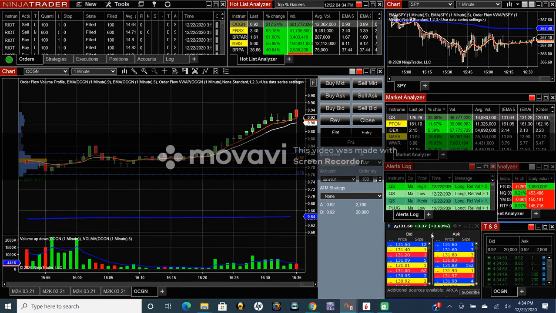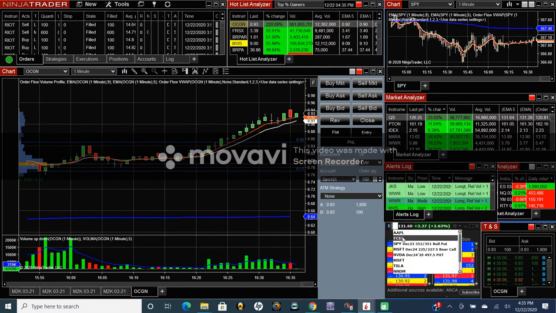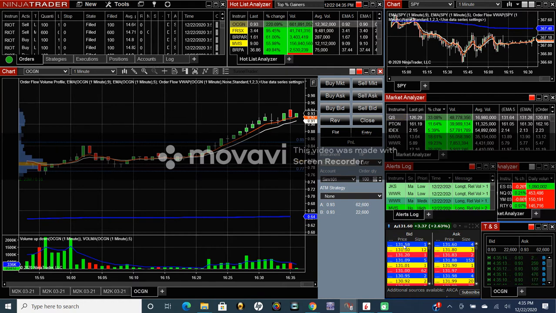I also forgot to add, I'm pulling this data from Interactive Brokers. For some reason, I don't know why, I'll have to look into it, I'm not able to pull level 2 data. So actually, this level 2 is not synced because it's coming from TWS on IBKR. This level 2 is not synced, but this is actually level 2 right now.